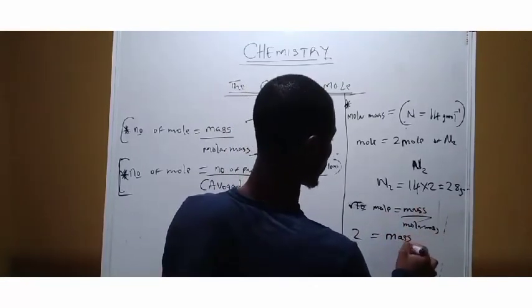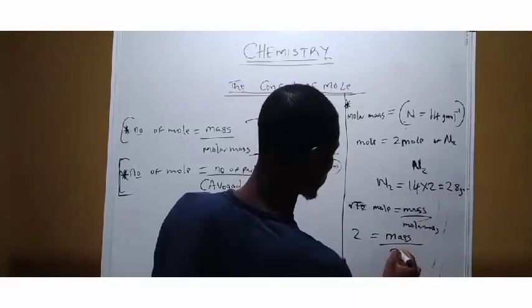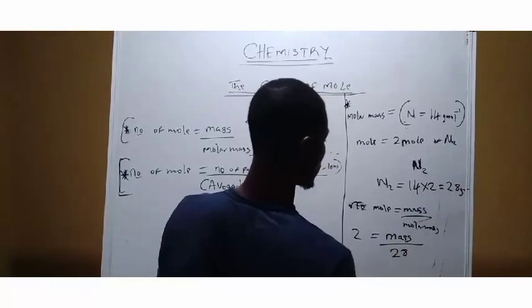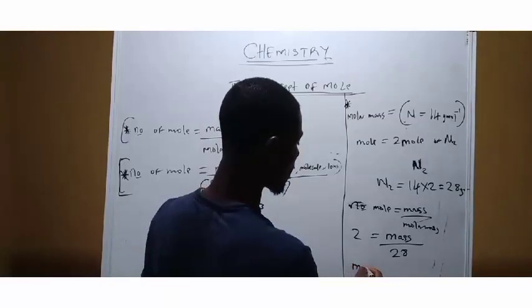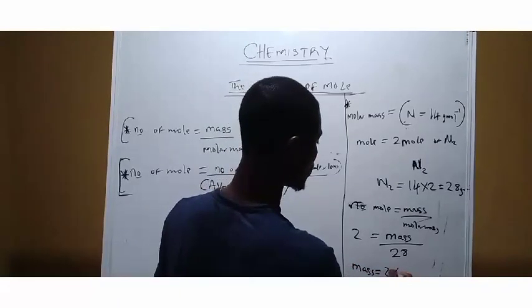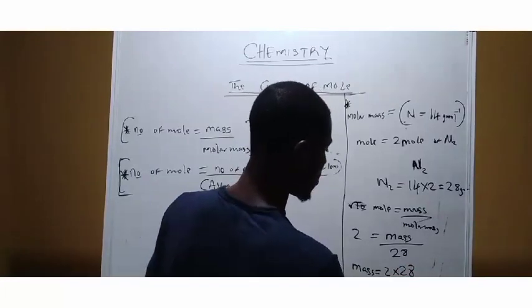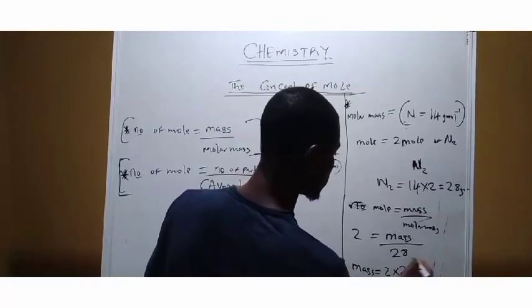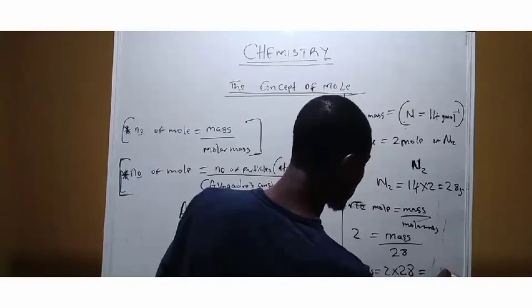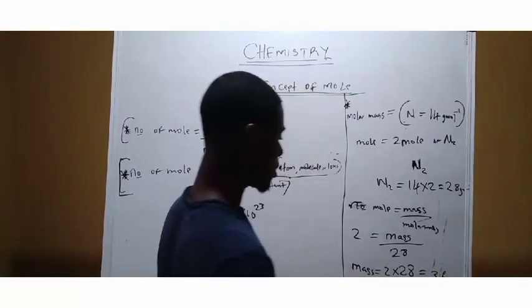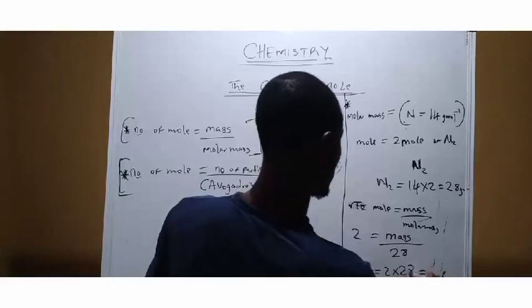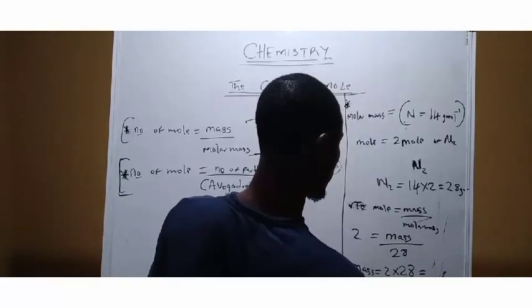Then the molar mass, which is the total, is equal to 28. Making mass the subject, the formula gives mass equals 2 times 28. By the time we do that, we have about 36. No, wrong. Doing the math, we have about 56.